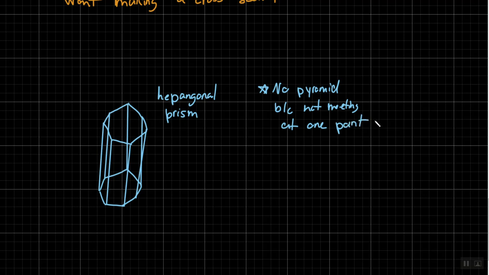Okay, Carson, take the shape and I want you to cut it parallel to the base. What is the base? Yep, so let's do B for base. B is a heptagon. So I want you to cut this parallel to the base. What shape would you get if you opened it up and looked at that cross section?